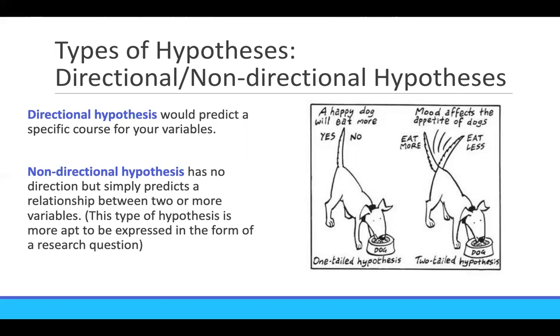If you are just saying that there's a relationship, you might say the mood affects the appetite of dogs, or maybe you would voice it in a question. How does mood affect the appetites of dogs?